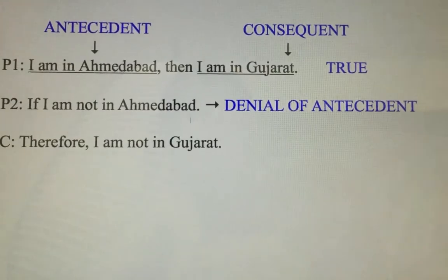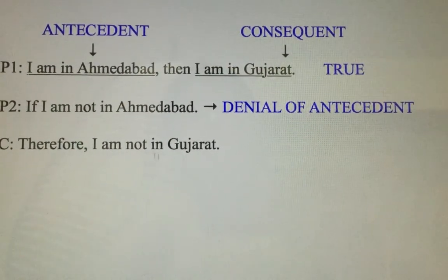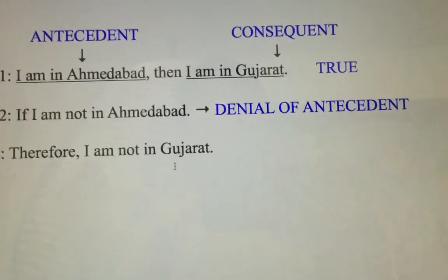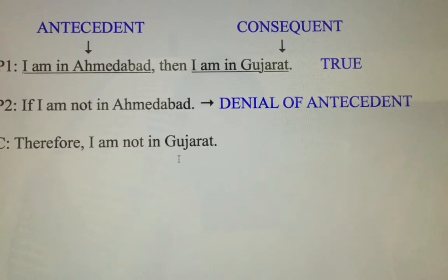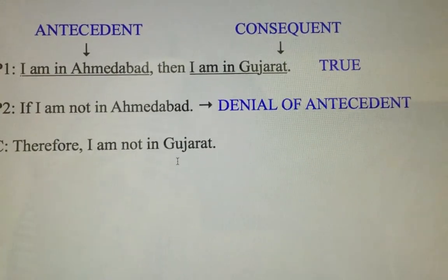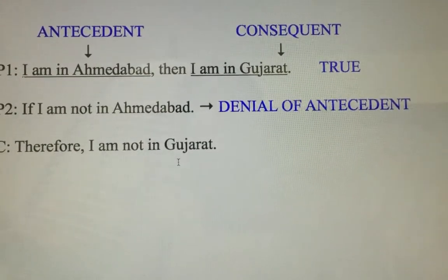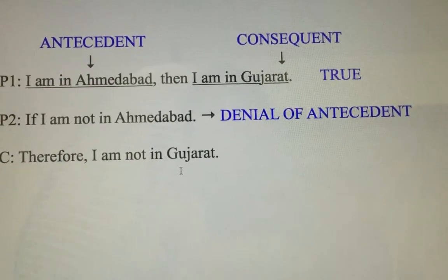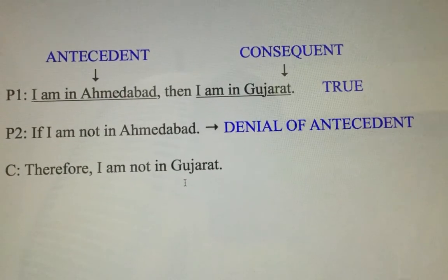I am not in Ahmedabad, therefore I am not in Gujarat. This conclusion is invalid, as saying I am not in Ahmedabad doesn't mean that the person would not be in Gujarat. That person could be in other places like Surat, Rajkot, and others. It's not necessary that if a person is not in Ahmedabad, they would not be in Gujarat.